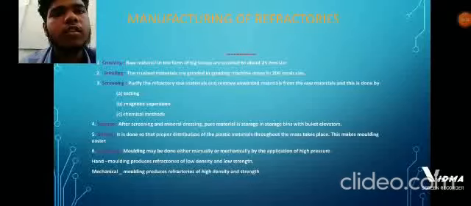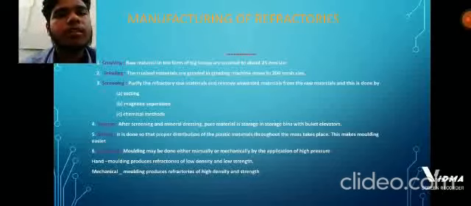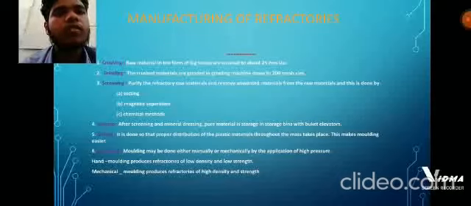First, crushing. Raw materials in the form of big lumps are crushed to about 25 mm size. Second, grinding. The crushed materials are ground in a grinding machine down to 200 mesh size.